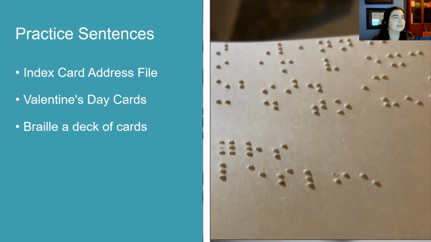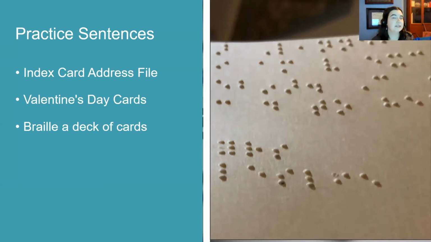Practice sentences. Lots of fun ideas for practicing sentences. You can use an index card on it and address a file. Valentine's Day cards. That's a nice, easy, quick one that is also a social activity. You can Braille a deck of cards. I've definitely done this.